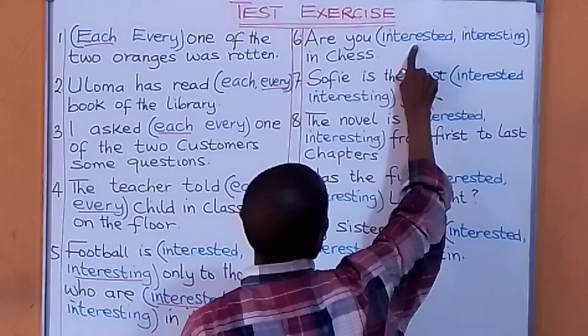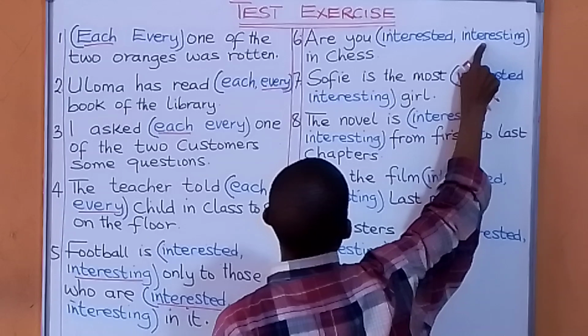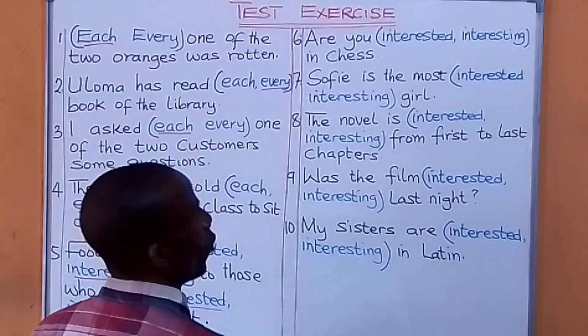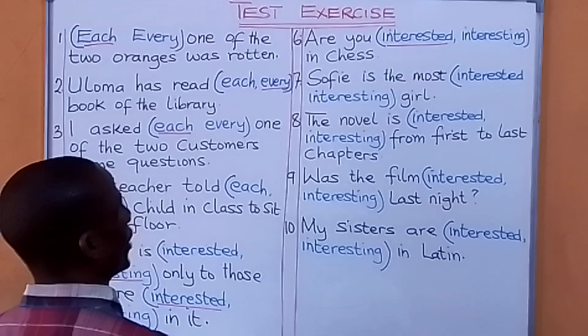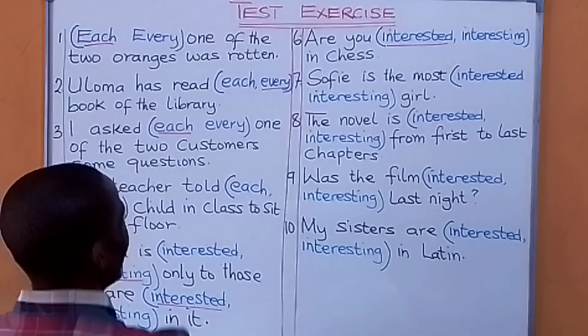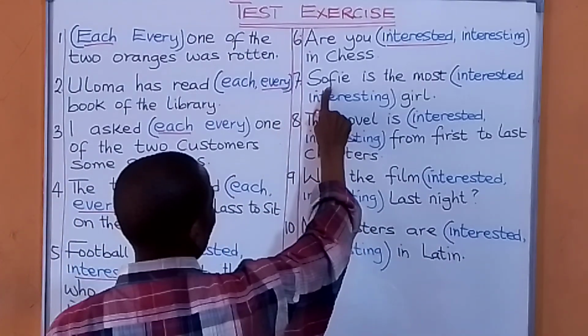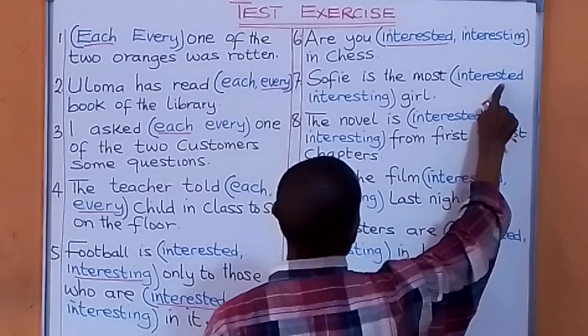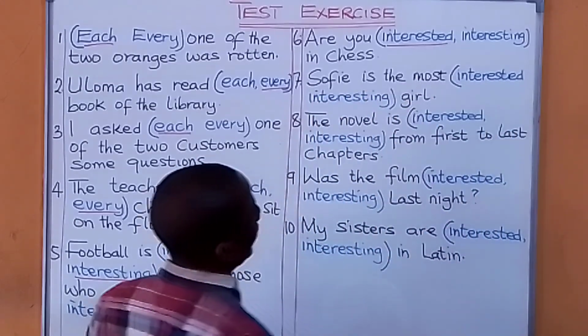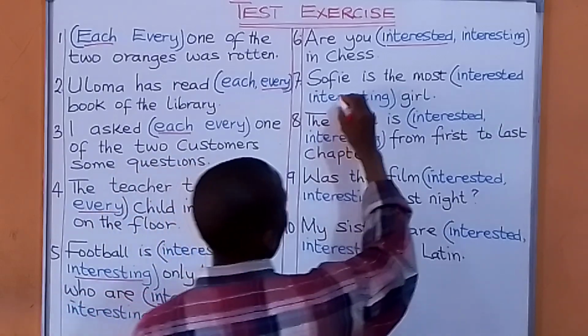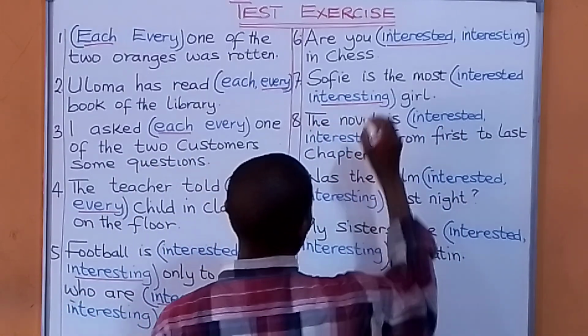Are you interested in chess? What are we going to underline there? Are you interested in chess? Number seven. Sophie is the most interesting girl. What are we going to put there? Sophie is the most interesting girl.